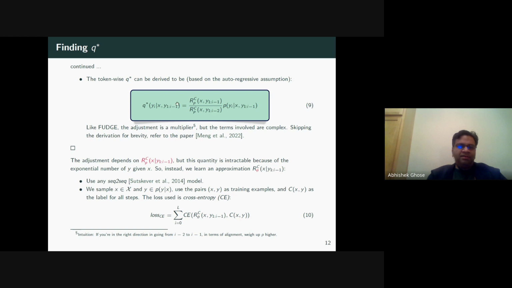And the way you go from the sequence level optimal distribution to the token level is because of the autoregressive property that we talked about. If you look at the math, again, it's a few lines, but that's the property they use to go from sequences to individual tokens. Okay, so this is the optimal Q we are looking for. But like I said, these quantities are very hard to know, right?